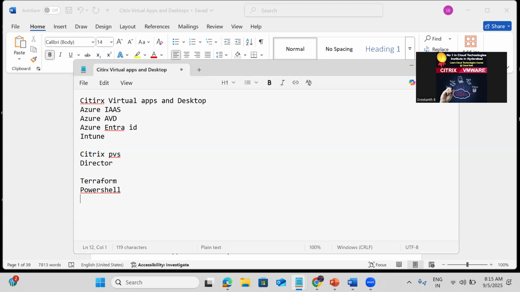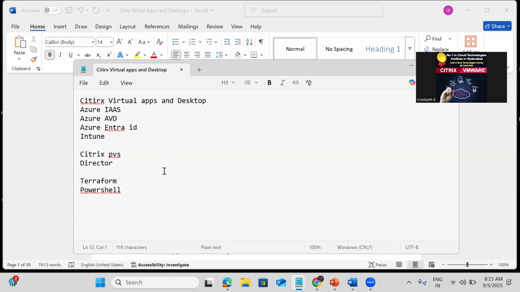Okay, the basics of how to manage. We are not going to write the automation scripts through PowerShell, but for existing resources we have cmdlets for Citrix, Azure AVD, and Intune. So all these can be controlled or managed from PowerShell automation.